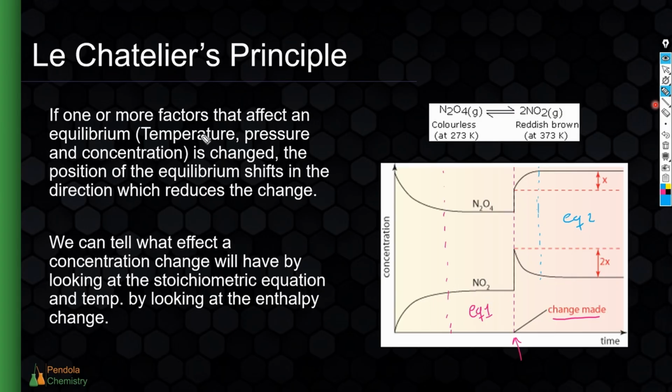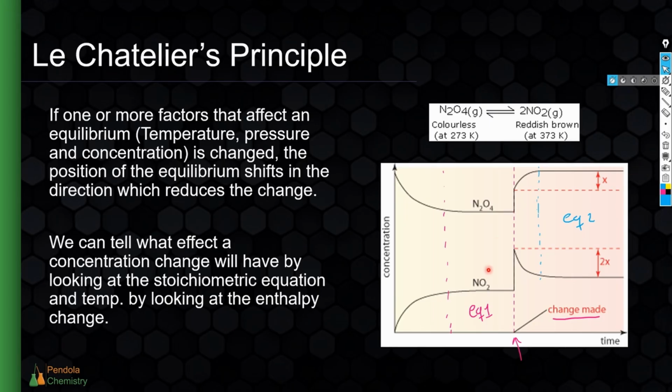Messing with either temperature, pressure, or concentration, in this case concentration, makes that mixture of reactants and products reach a new equilibrium. Equilibrium is not something that's avoided. Once we change something, either concentration, pressure, or temperature, we're making the reaction reach a brand new equilibrium, but an equilibrium nonetheless.